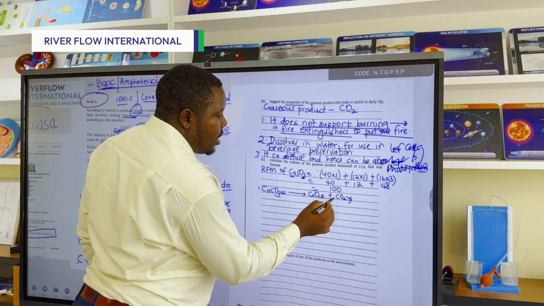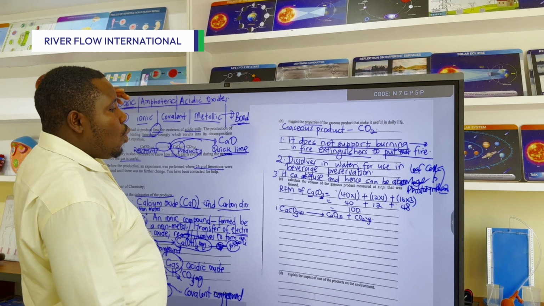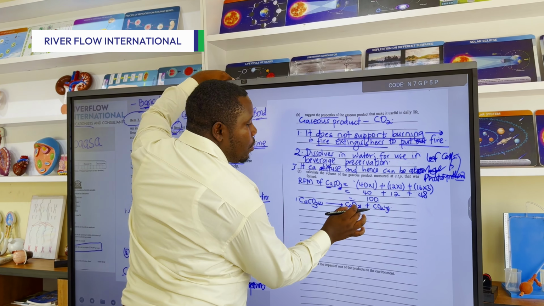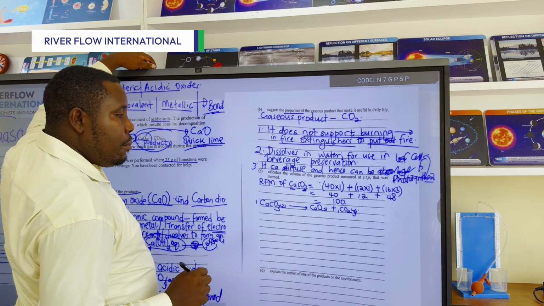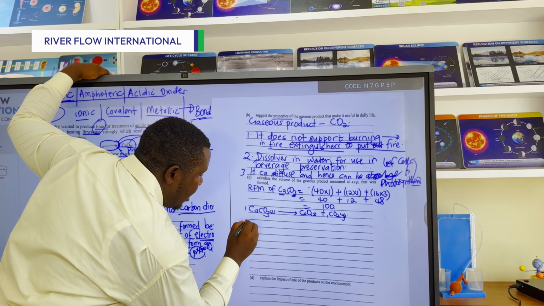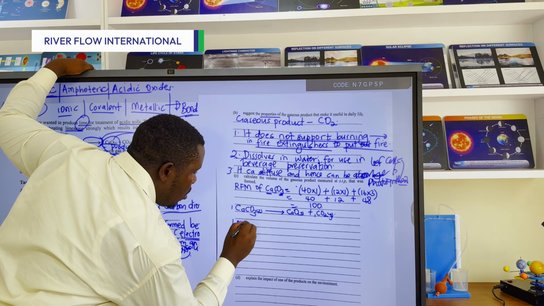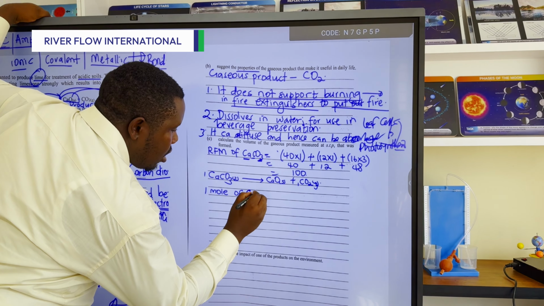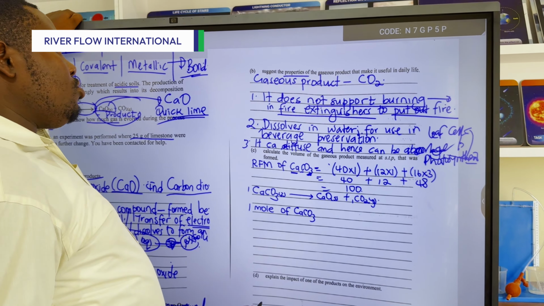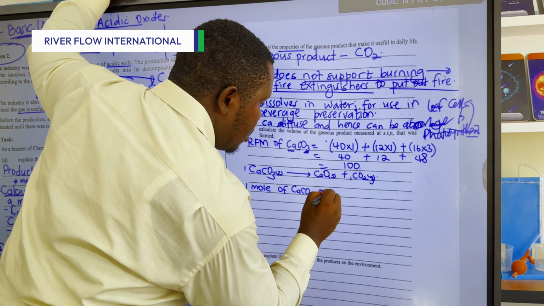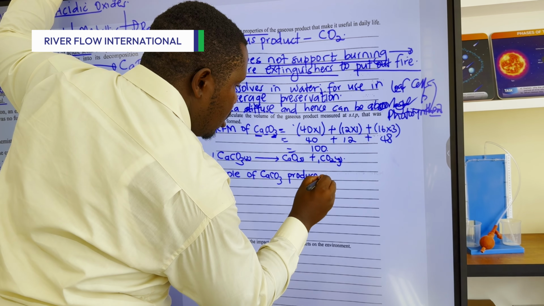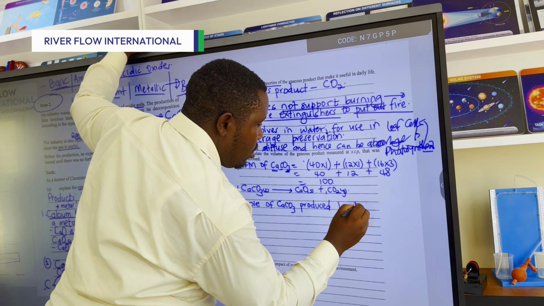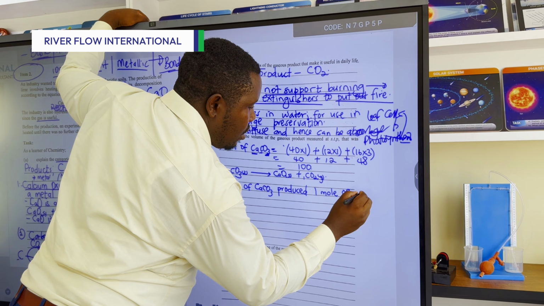If there is 1 here, and nothing here, it is 1. So we can realize that 1 mole of calcium carbonate actually produced also 1 mole of carbon dioxide. So we are going to say that 1 mole of calcium carbonate, others say produces, but me I'm going to say produced, 1 mole of carbon dioxide.